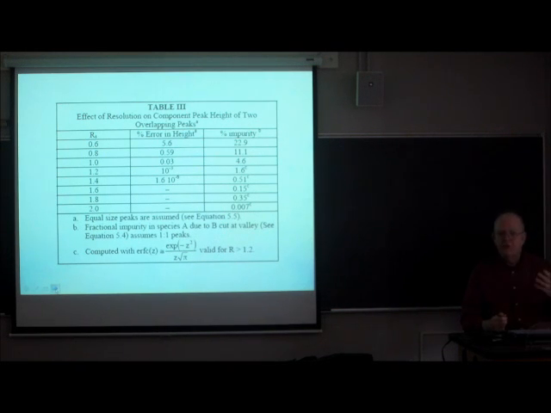Here's some numbers. This is for one-to-one peaks. There's a resolution of 1. The error in the peak height in percentage for one-to-one peaks is 0.03. That's so small that you couldn't reproducibly measure it.